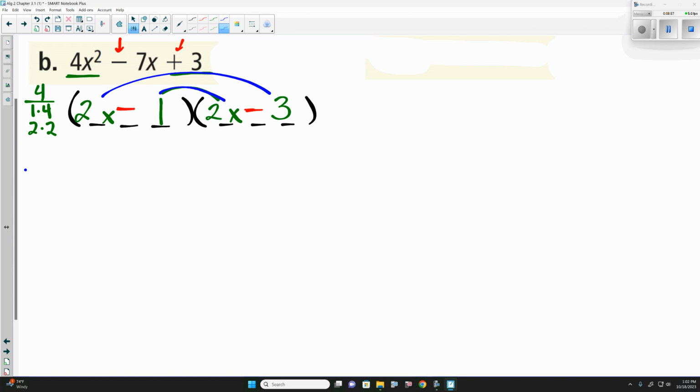2x times negative 3 is negative 6x. Negative 1 times 2x is negative 2x, which gives us negative 8x. So one thing we could do is switch the 1 and 3. Put the 3 first and the 1 second.